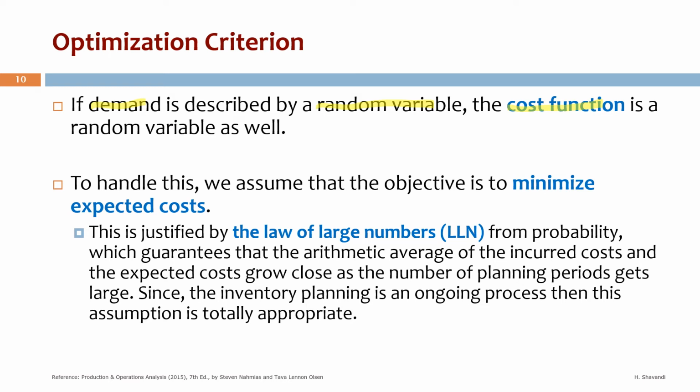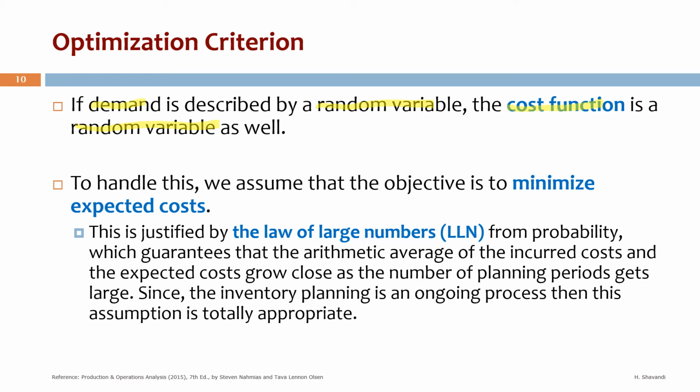To do so, we took the first derivative of the total cost function with respect to Q and set it to 0. Then by solving that equation, we obtained the optimal value for the order quantity, right? Same as there, here we need to have a cost function as well. And since the demand is a random variable, the cost function will become a random variable as well, right? So we can't actually minimize a random variable, right?